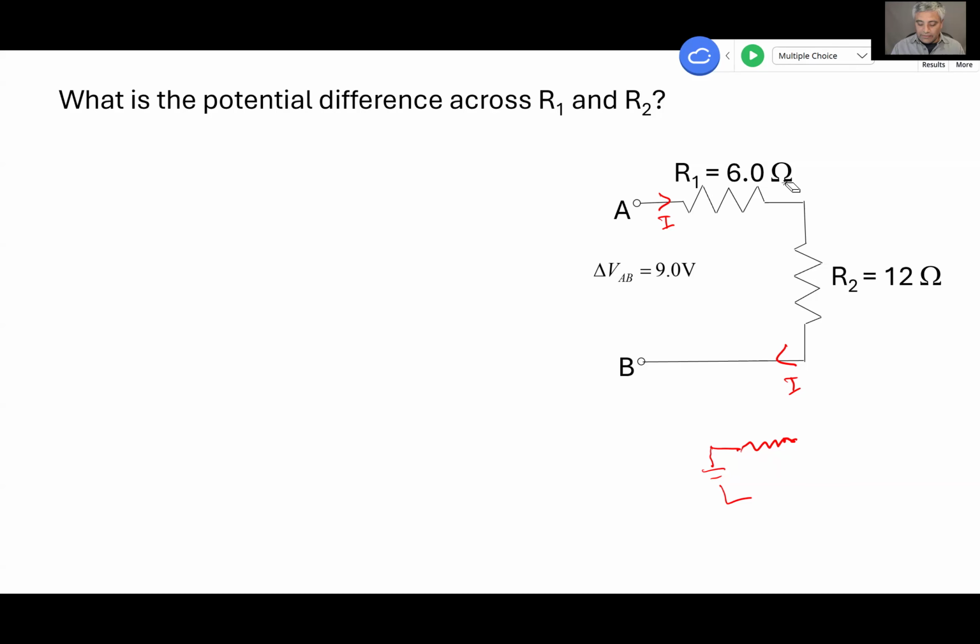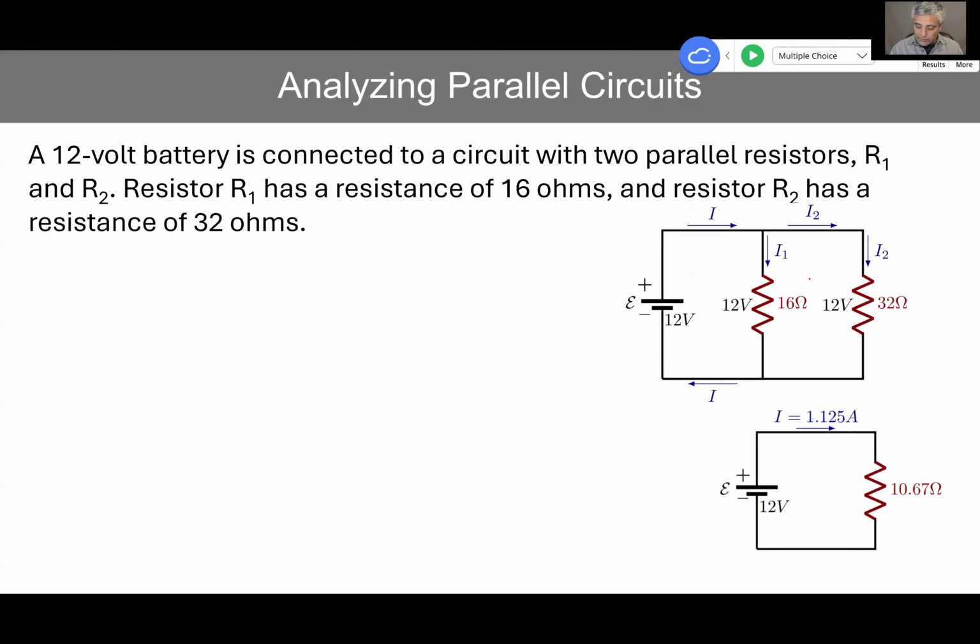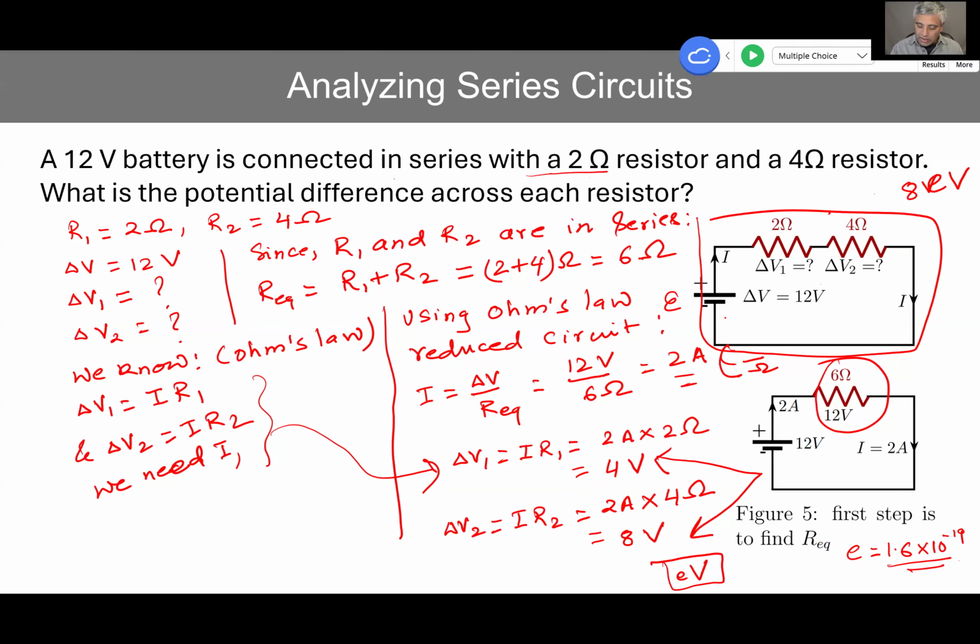So what is the potential difference across R1? Here, delta V1 is what, and delta V2 is what? The sum, just like we saw, was 12 volt, the same as the voltage from the source.